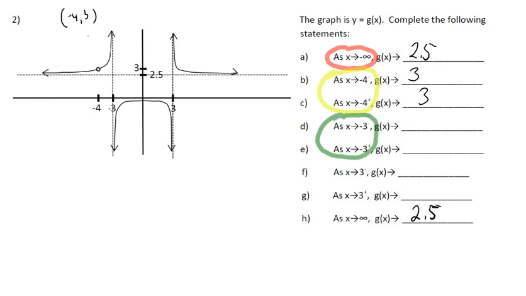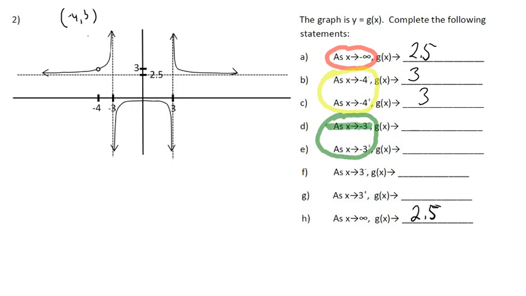The up arrow or the down arrow? The up arrow. So this one right here is on the left side of the dotted line. As I read this arrow, I'm getting closer to the dotted line from the left, and y is going up and up and up. Y is approaching positive infinity.